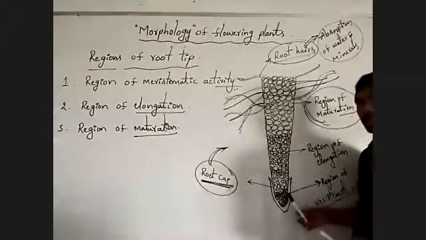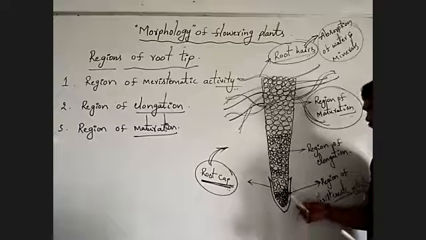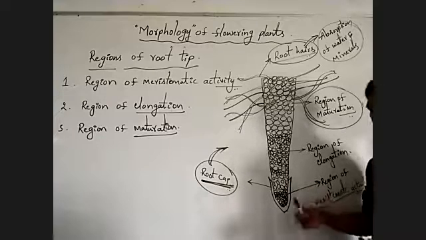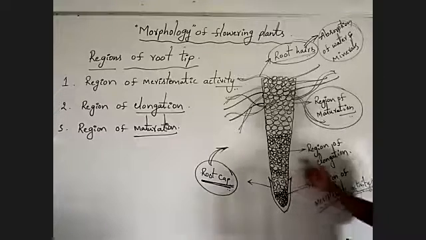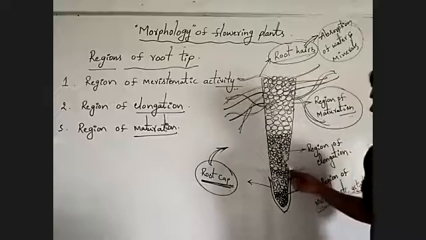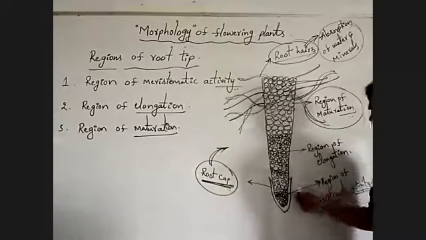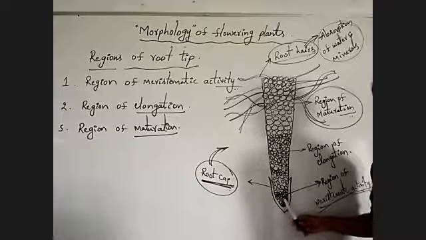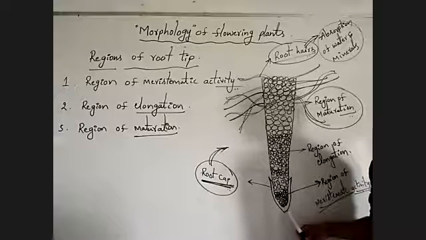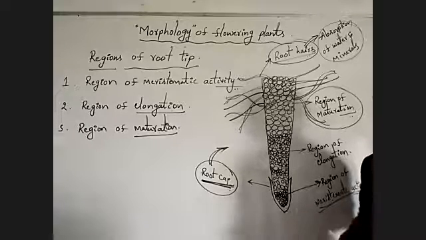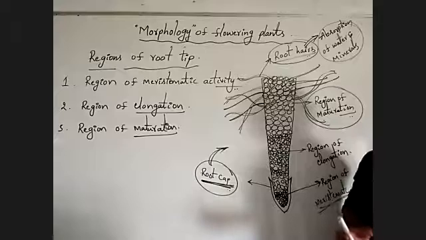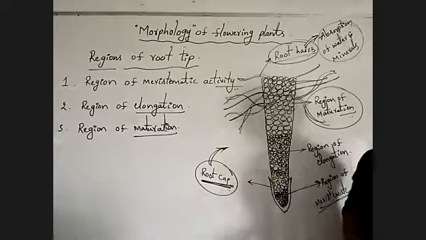Next, a few millimeters above the region of meristematic activity, there is another region, called region of elongation. It has elongated cells when compared to the region of meristematic activity. Meristematic cells are small in size with dense cytoplasm, and all cells are arranged compactly without intercellular spaces.